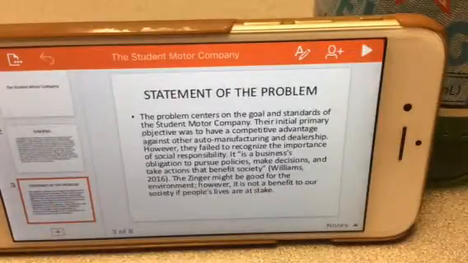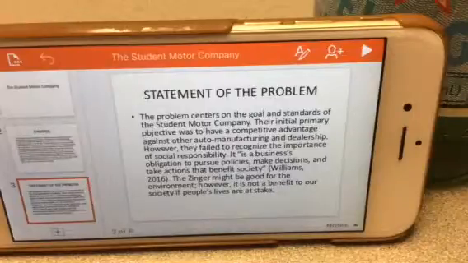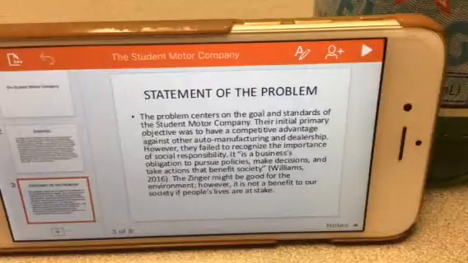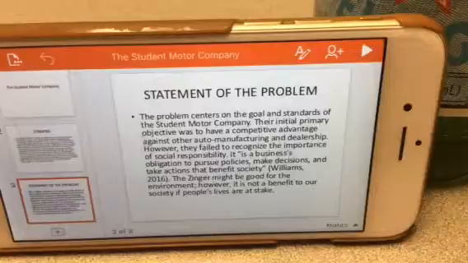Statement of the problem. The problem centers on the goal and standards of the Student Motor Company. Their initial primary objective was to have a competitive advantage against other auto manufacturing and dealership. However, they failed to recognize the importance of social responsibility.